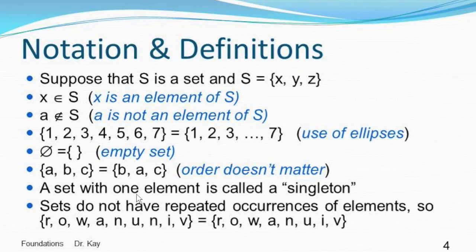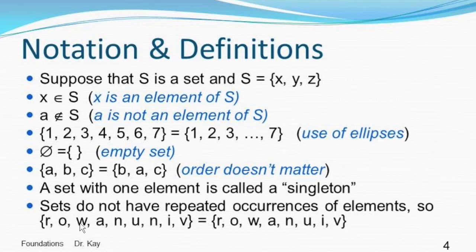If you have a set that just has one element, it's called a singleton. And again, I'm trying to stick as closely to your book as possible to help you out here. So while everybody says sets do not have repeated occurrences of elements, this is totally legal according to your book to say this is my set, right?